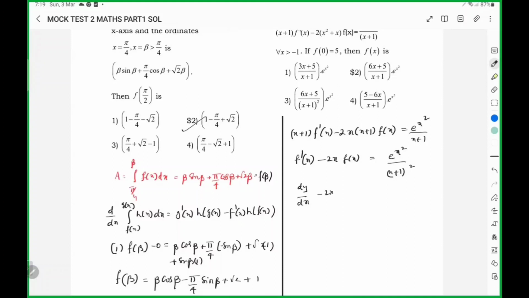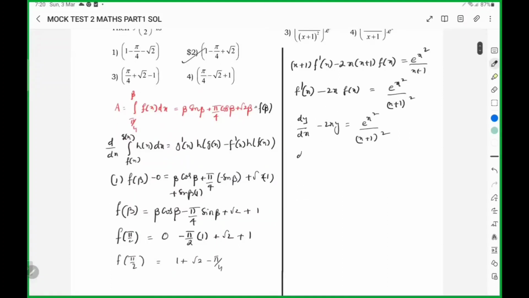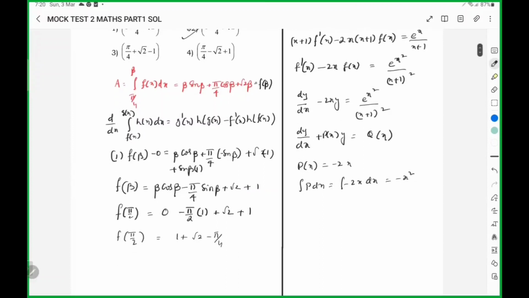Dy by dx minus 2xy is x plus 1 whole square. Dy by dx plus p of x times y is q of x. Here p of x is minus 2x, the integral of p dx is minus x square. So it is a linear differential equation.